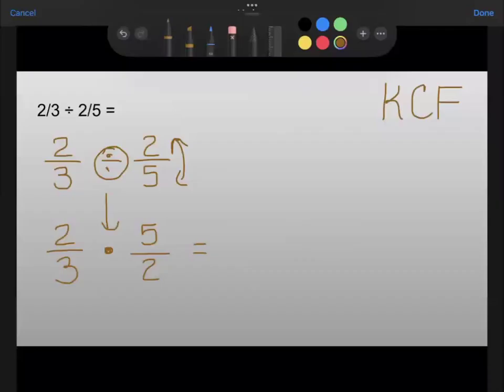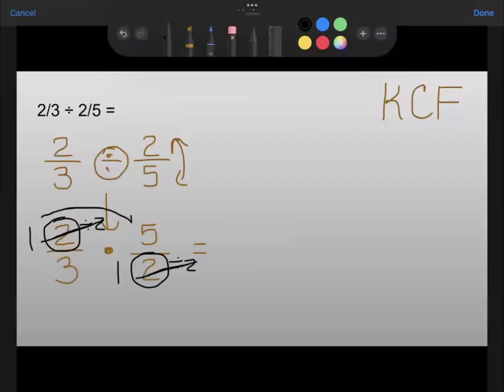So since I noticed that both 2 and 2, so one number from the top and one number from the bottom, or one number from the numerators and another number from the denominators, doesn't have to be on the same fraction, can both be divided by the same number, I'm going to go ahead and divide them both by 2. 2 divided by 2 is 1, so I'm going to replace that, and 2 divided by 2 is also 1 down here.